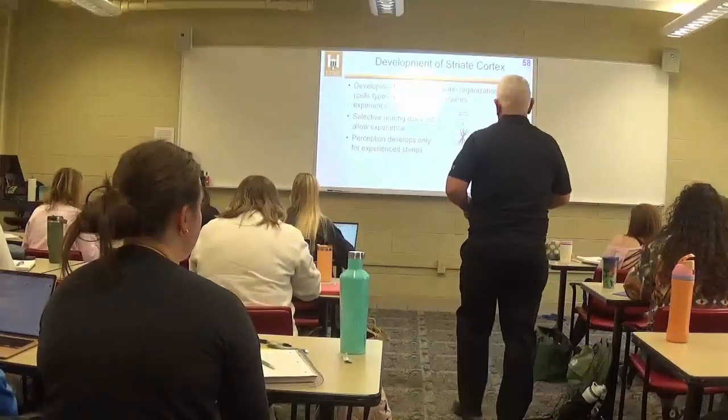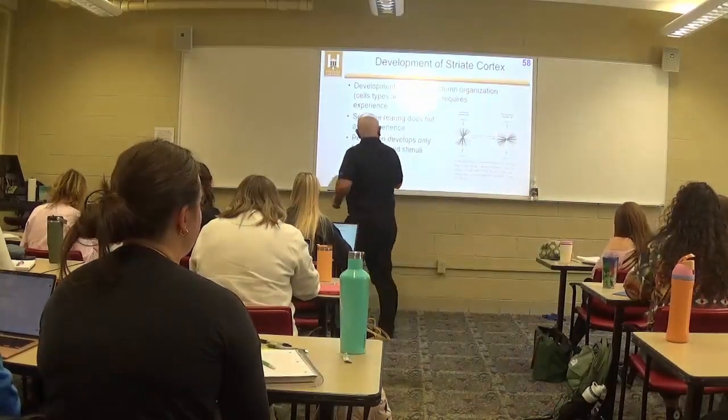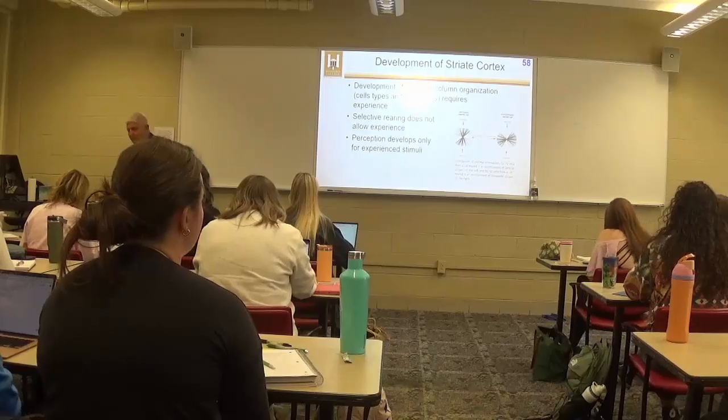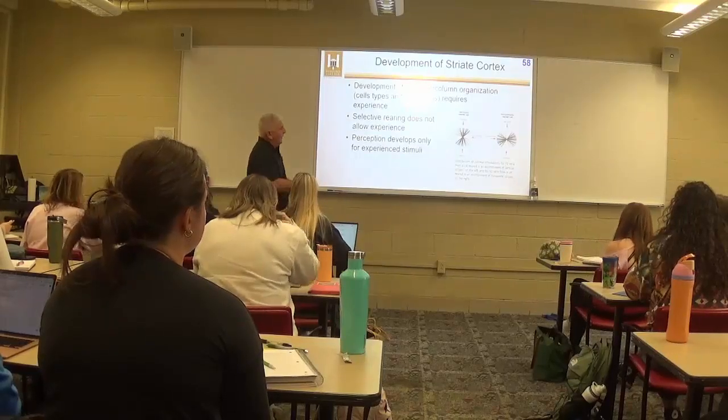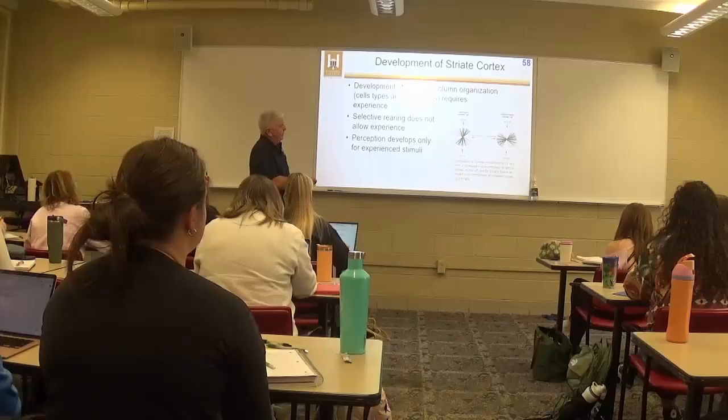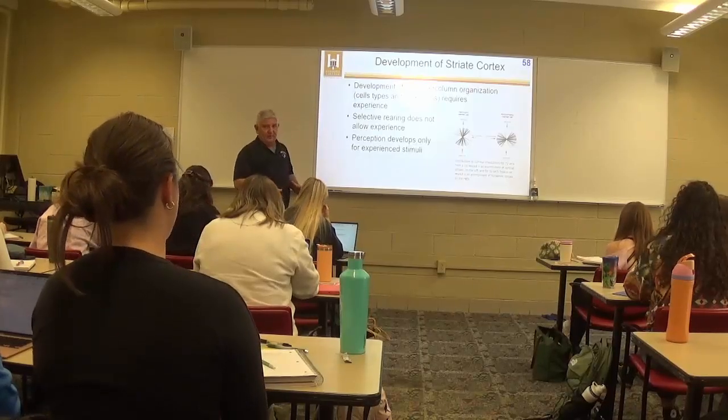Okay, let's see if we get the rest of this down. All right. So, if we look, here's a cat that was raised only with vertical lines, here's a cat that was raised only seeing horizontal lines.